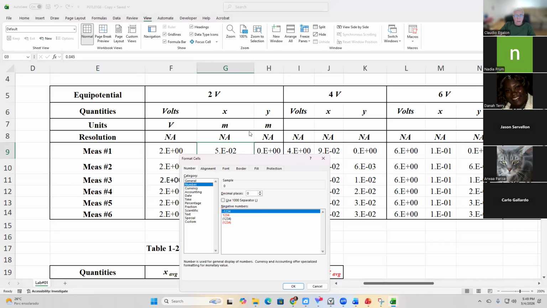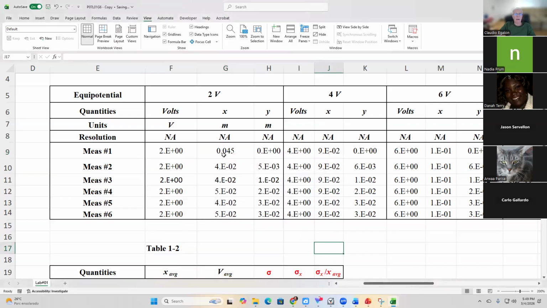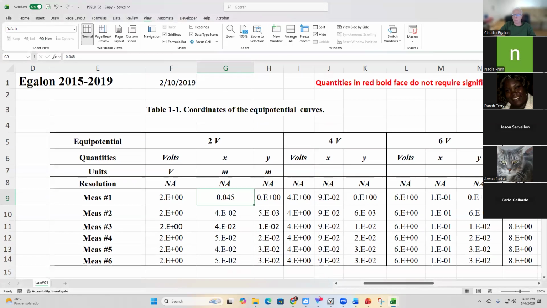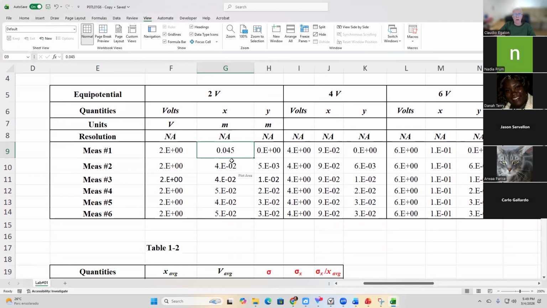And then, because the unit is going to be the meter, we have to display up to the third decimal place, which is the millimeter. Okay? So this measurement, the proper way of displaying it would be up to the third decimal place. Okay? 0.045. Make sense?